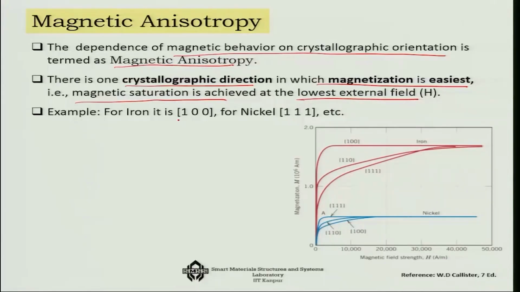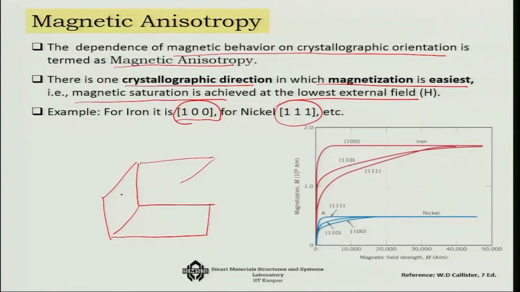For example, for iron it is 100, and for nickel it is 111. So, for iron it is any one of the principal axes, whereas for nickel it is the diagonal axis 1 1 1, the diagonal from one end of the cube to the other.